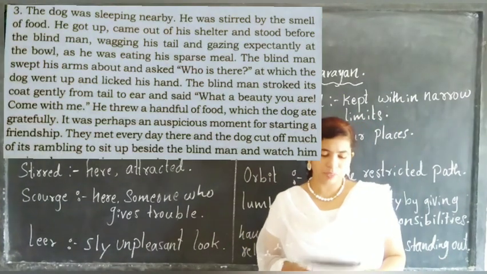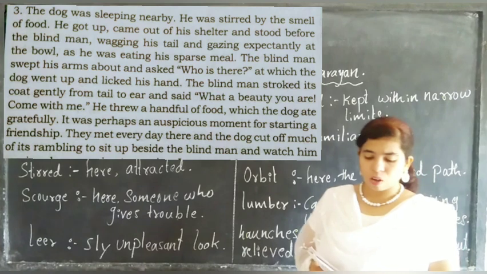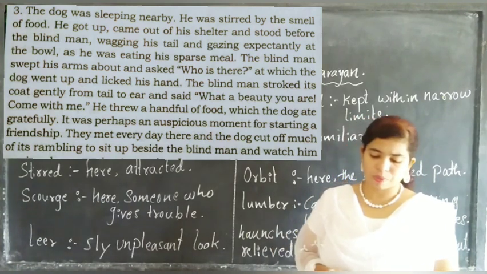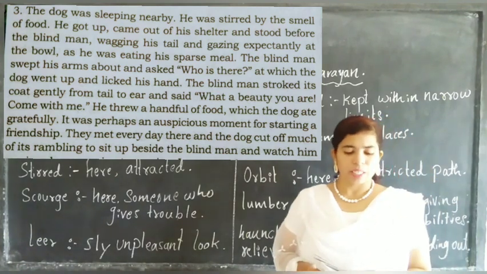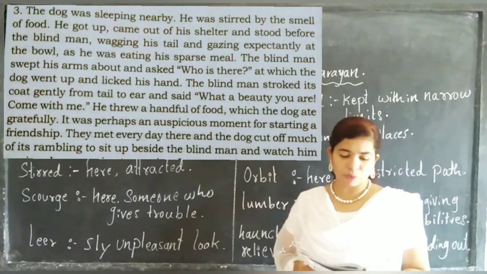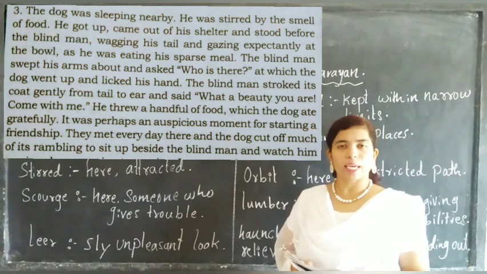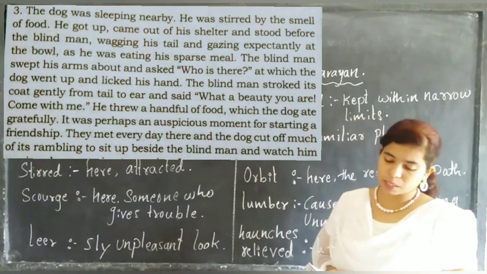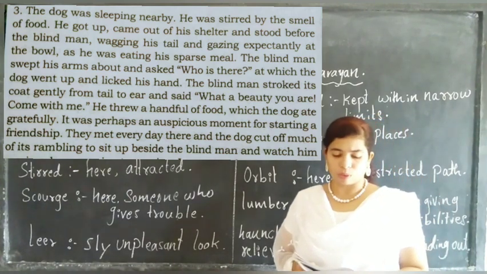So now coming to the third paragraph. The dog was sleeping nearby. He was stirred by the smell of the food. He got up, came out of his shelter and stood before the blind man, wagging his tail and gazing expectantly at the bowl.